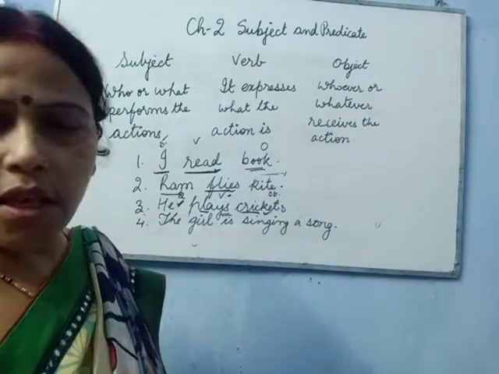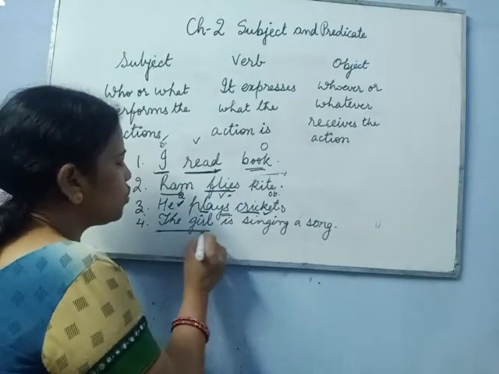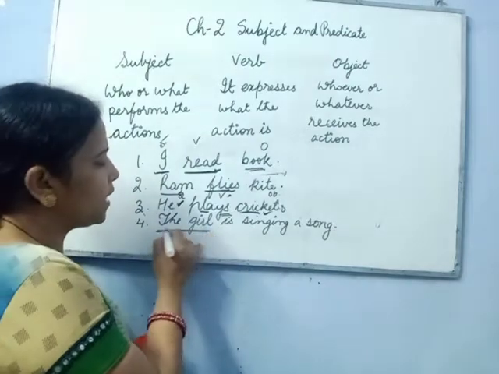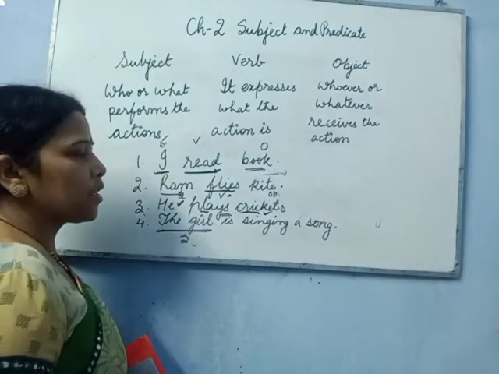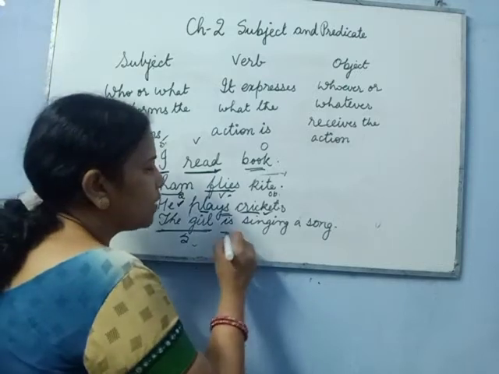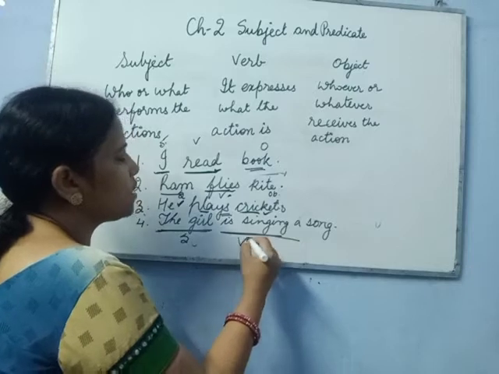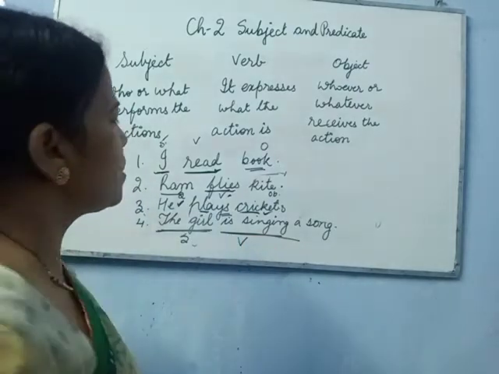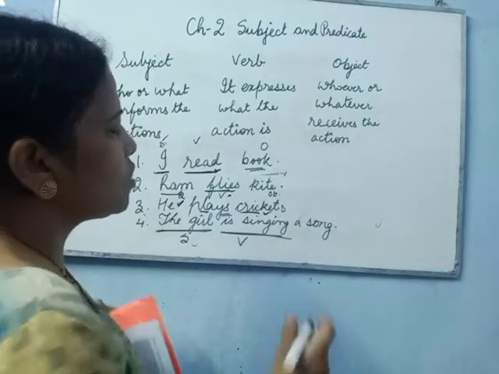The girl is singing a song. Now see here. The girl is doing the action. So what it will be? Subject. What action she is doing? She is singing. So what it is? This is a verb. What is she singing? She is singing a song.